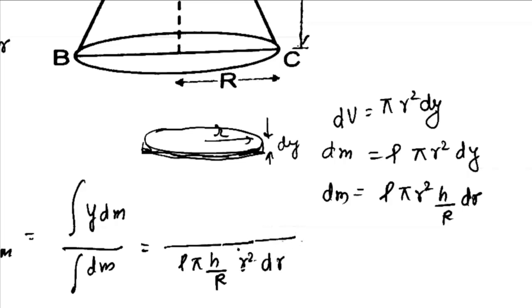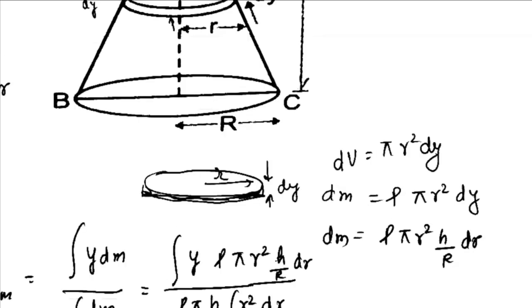Okay, so integration, constants outside. Now the y coordinate of this disk will be y only, and dm is this, where dy is equal to h by R into dr. Now put the value of y also. Since y is equal to r h by R, just put the value of y.